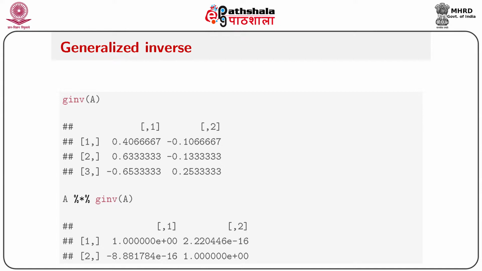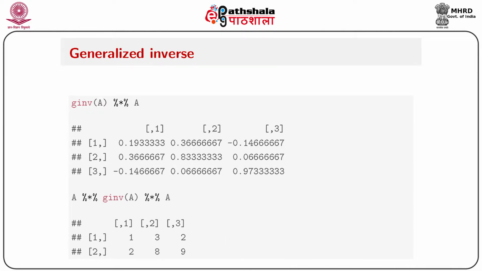So ginv is a G inverse. If you just pass the singular matrix within the function ginv, it will give you the G inverse. Let's check whether it is the G inverse of A or not. So let's first multiply A by the G inverse of A, then multiply G inverse by A, and finally A multiplied by G inverse multiplied by A, and see whether it gives the same matrix or not.